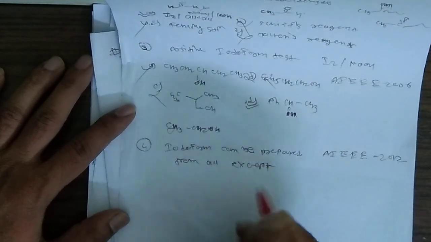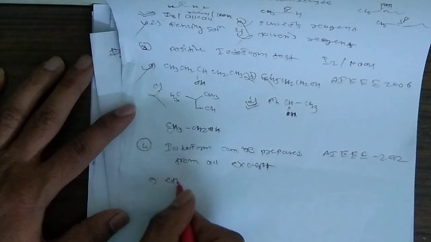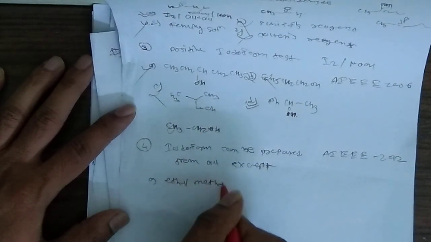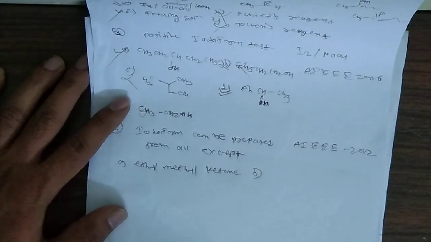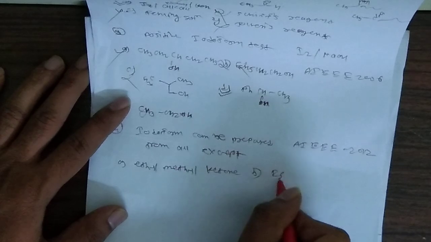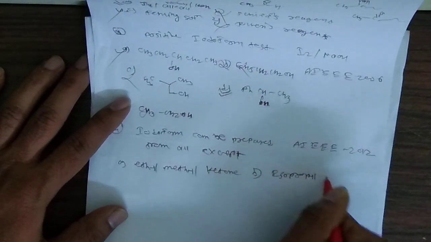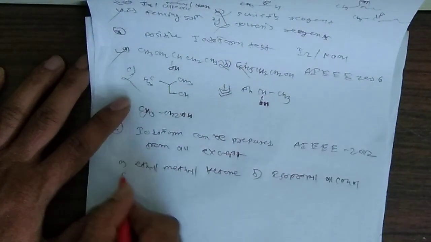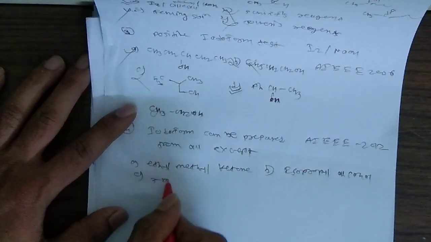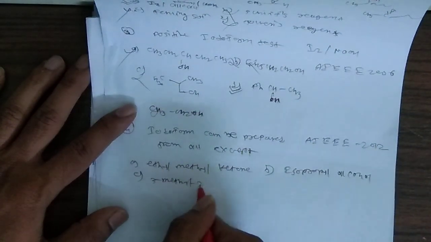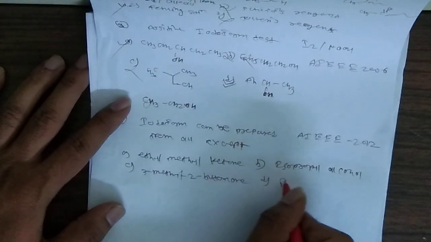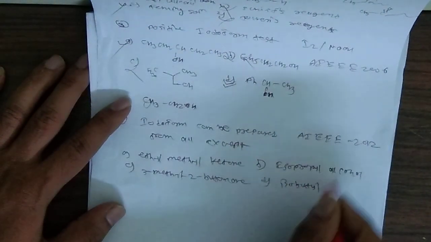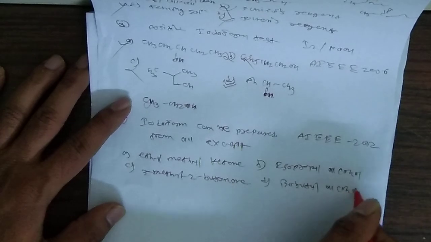Here four options are given: A, ethyl methyl ketone; B option is isopropyl alcohol; C option is 3-methyl 2-butanone; the last option is isobutyl alcohol.